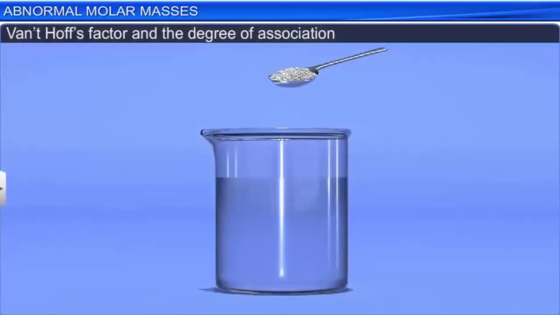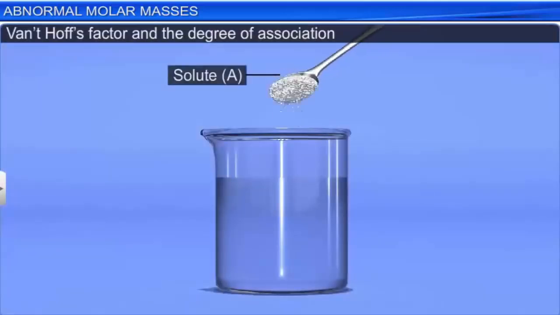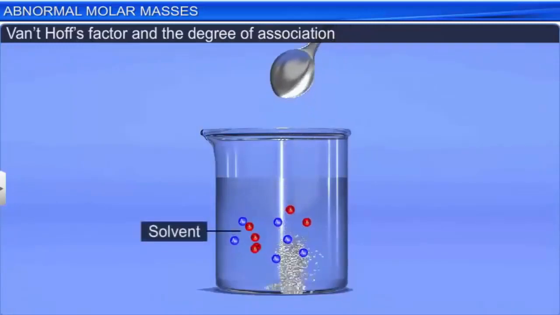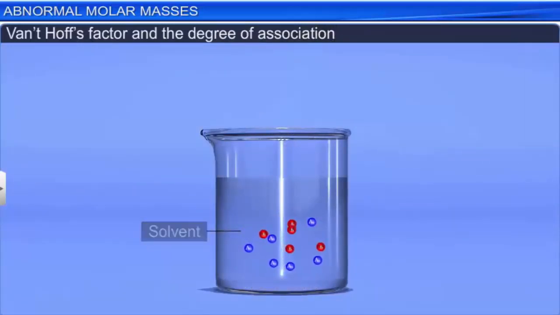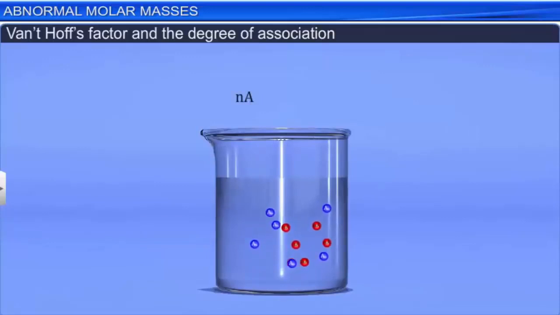Consider 1 mole of solute A dissolved in a given amount of solvent. And suppose that n molecules of A associate to form associated molecule A_n, and an equilibrium gets established between A and associated molecule A_n.